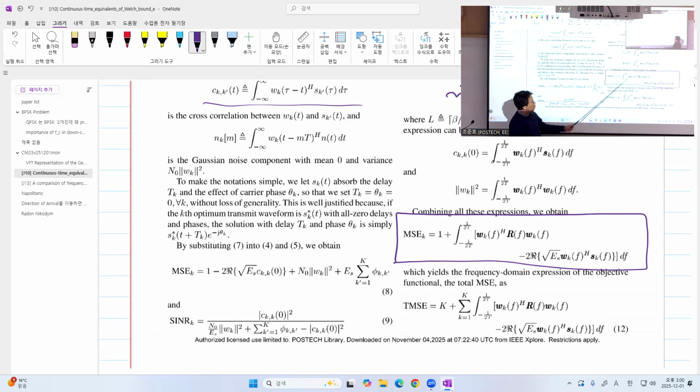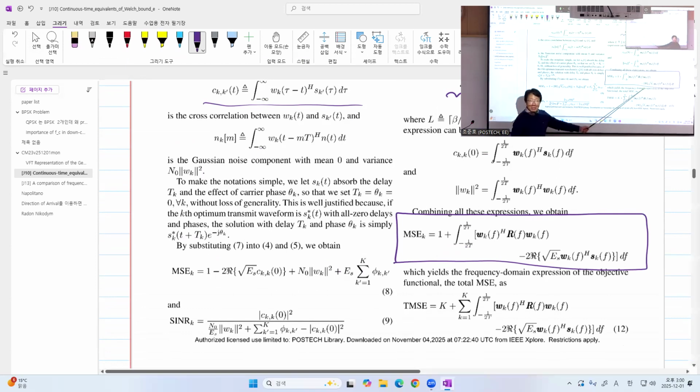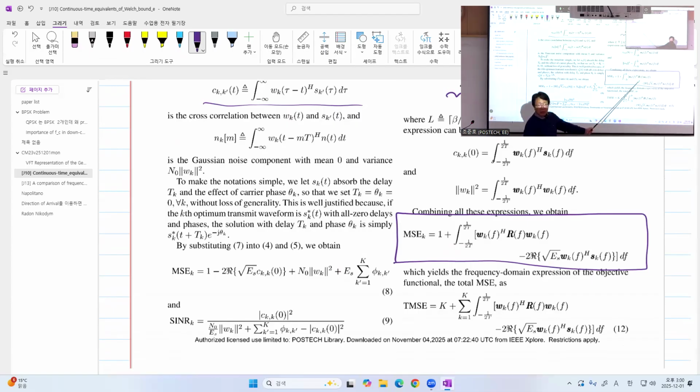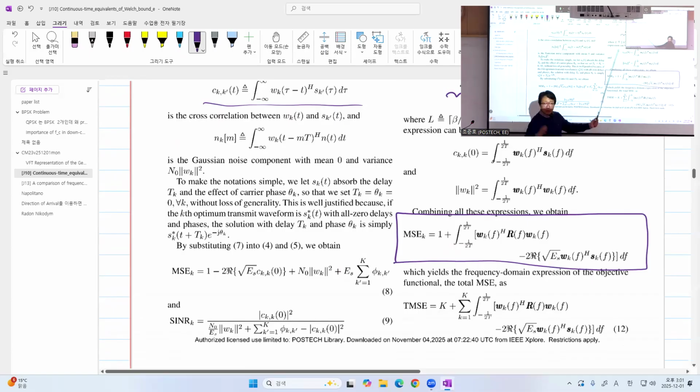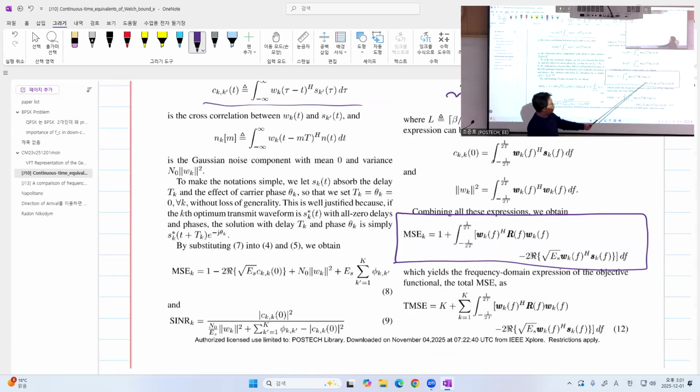See that? You've seen something very similar already in the 2004 paper. You have the received signal's matrix-valued power spectral density, and you have the received waveform, which makes the quadratic form, and then you have the real part and the desired component, the desired signal's transmit waveform and your received waveform, something like that. Got it?